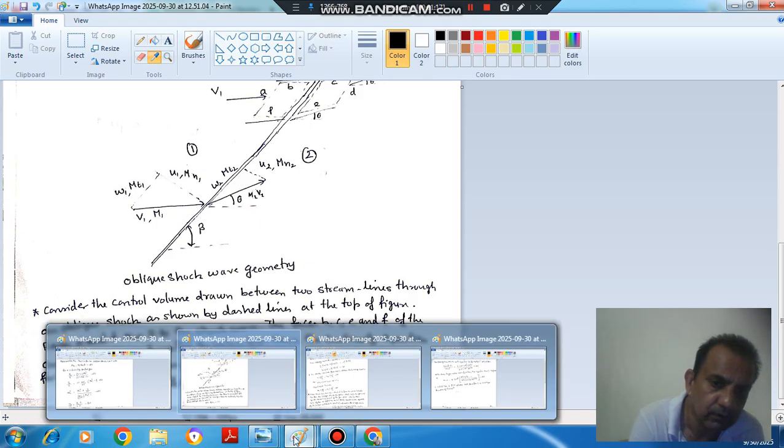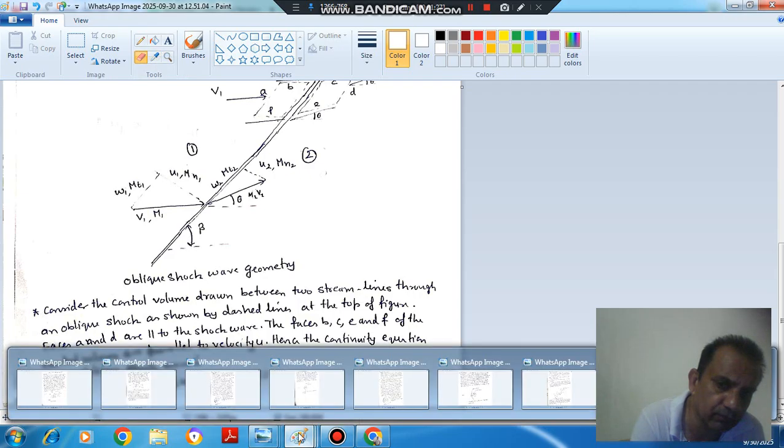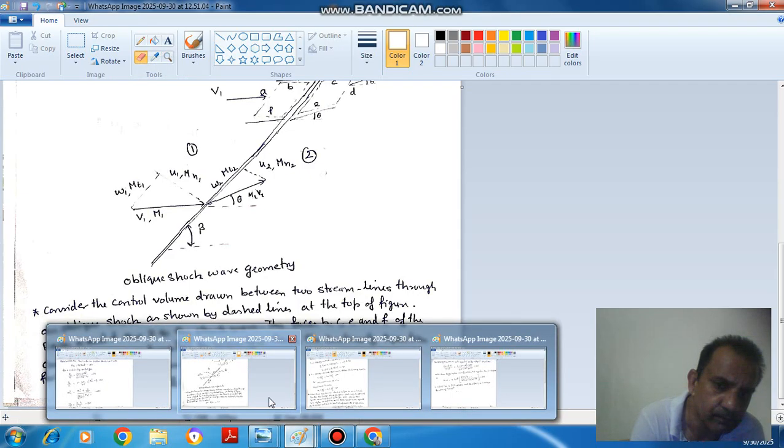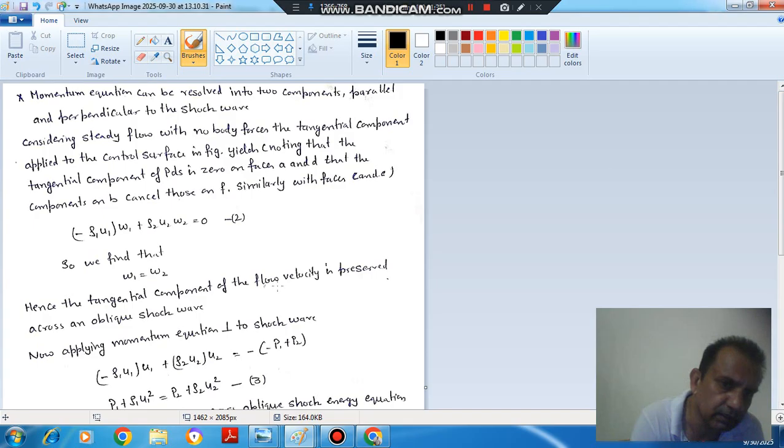So we have derived the continuity equation, that is rho 1 u1 is equal to rho 2 u2. Then we derived from the tangential component of the momentum equation that the tangential component of velocity remains the same, that is w1 is equal to w2.